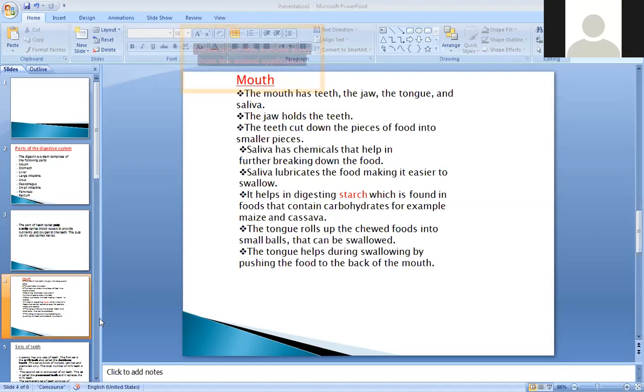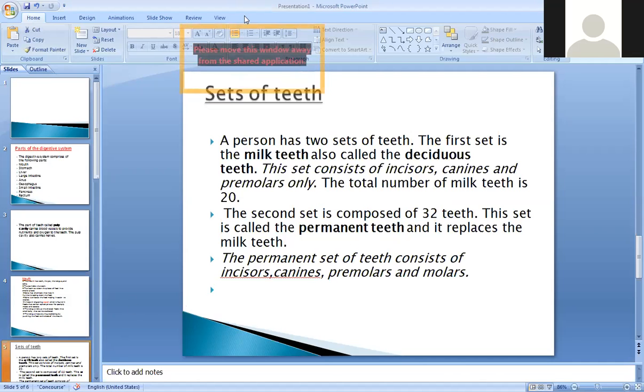We have the teeth. When it comes to teeth, we have sets of teeth. A person has two sets of teeth. The first set is the milk teeth, also called the deciduous teeth. This set consists of incisors, canines, and premolars only.